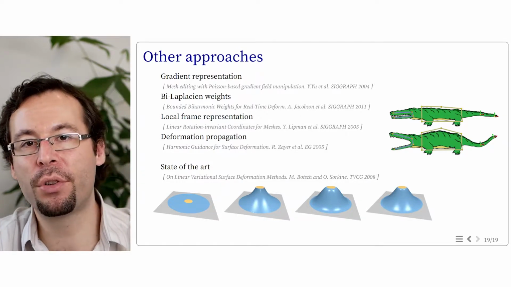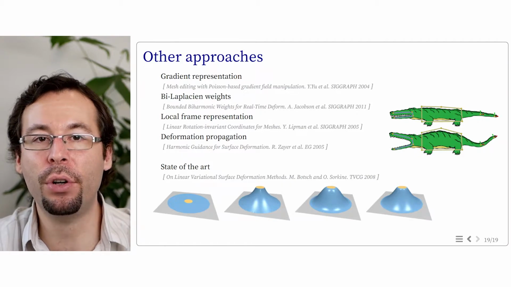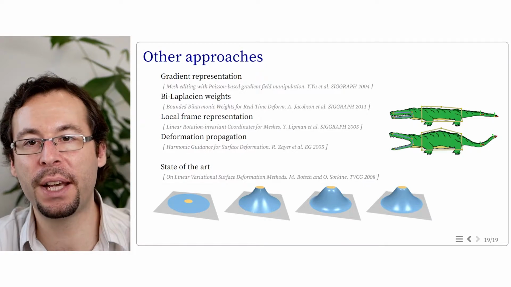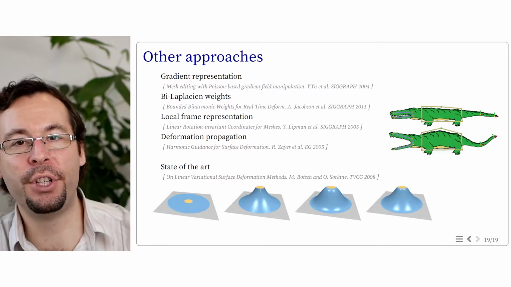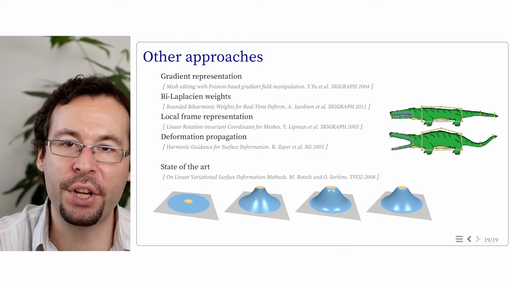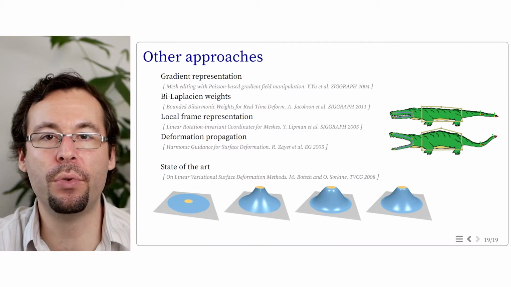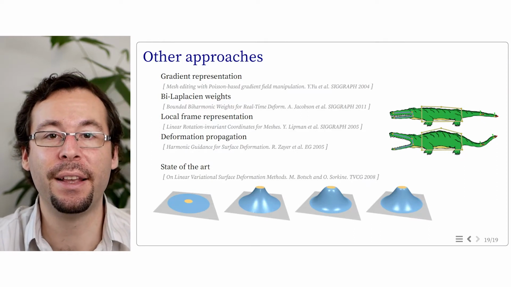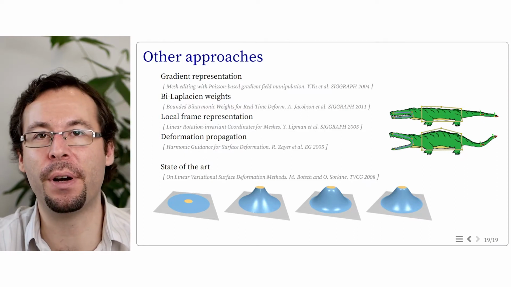There is also work trying to explicitly represent the local frame coordinates and make it more naturally rotation invariant. There are also approaches that propagate an initial deformation toward the surface of the mesh. And finally, if you want to know more, there is a state-of-the-art report on differential coordinates used for surface deformation from 2008.